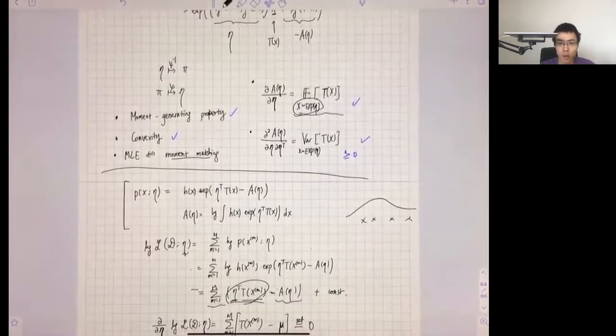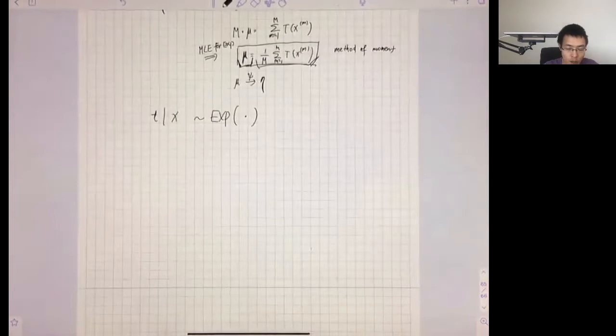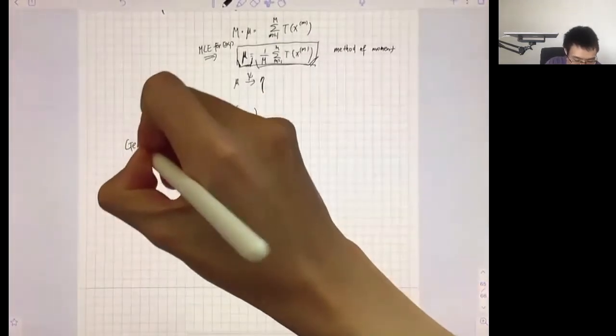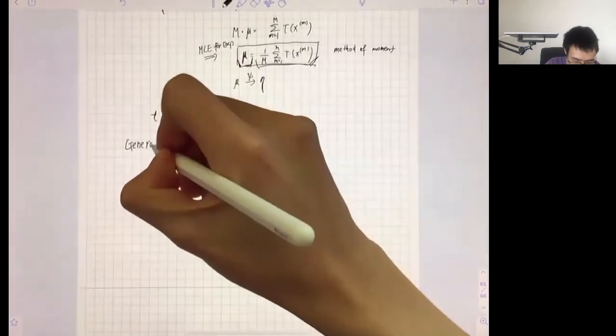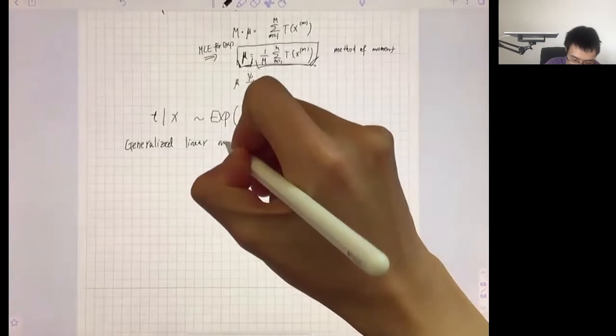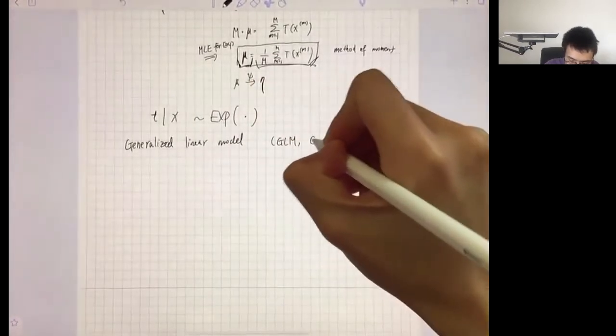And we want to make a prediction, either what is the price of the stock, or what is the category of the animal. Right. So in this lecture, we are going to extend the exponential family to the generalized linear model, or known as GLM or GLIM.